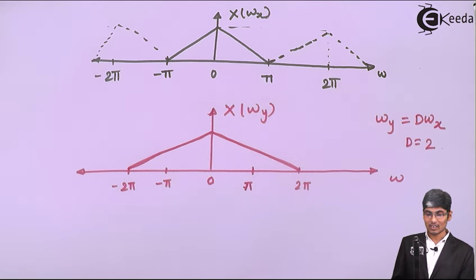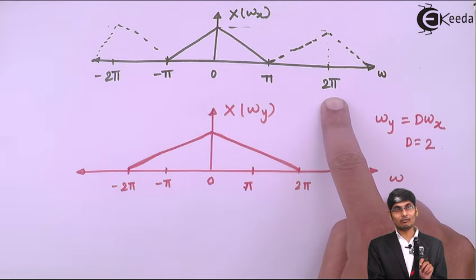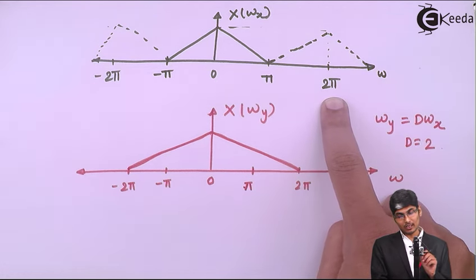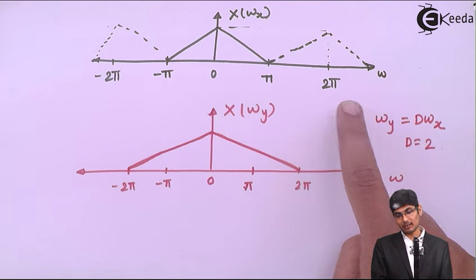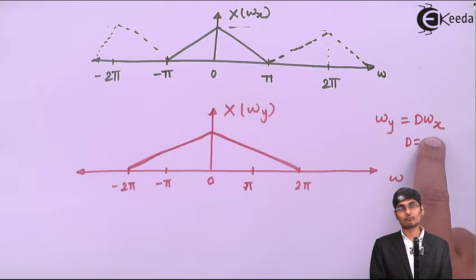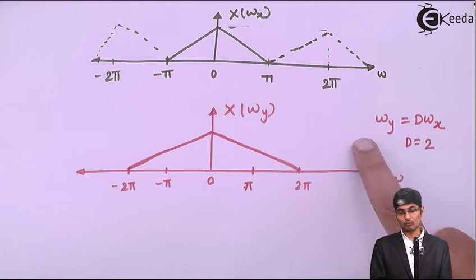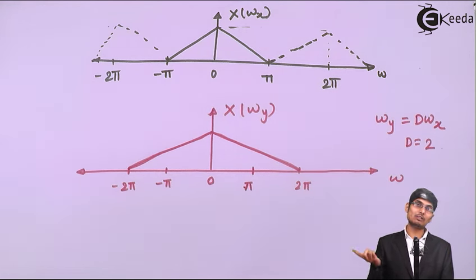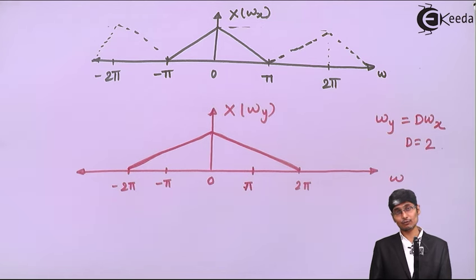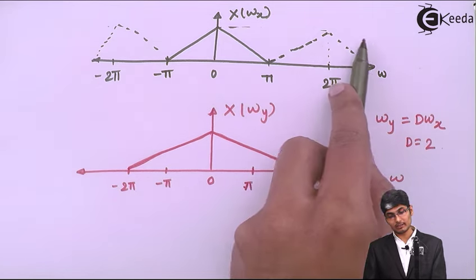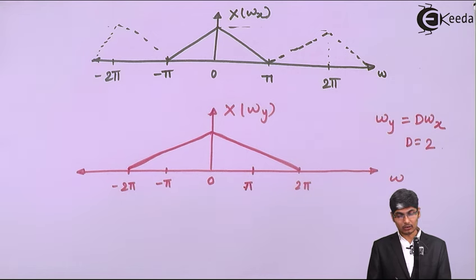Now we know that there was a signal, or there was some value at 2 pi also. If I impart 2 pi over here, it will give me 4 pi. So whatever was happening at 4 pi will now happen at 2 pi. And if you consider at 4 pi, there will be the same replica. So what is going to happen?